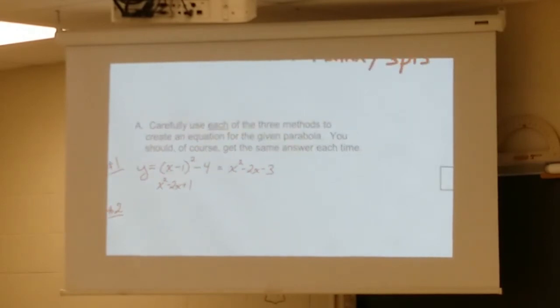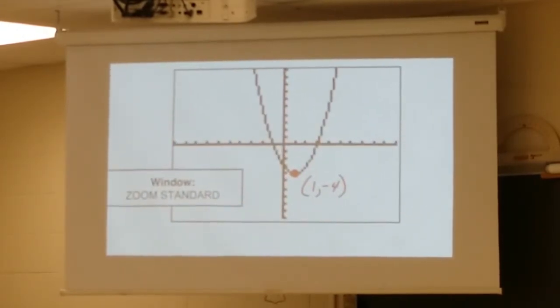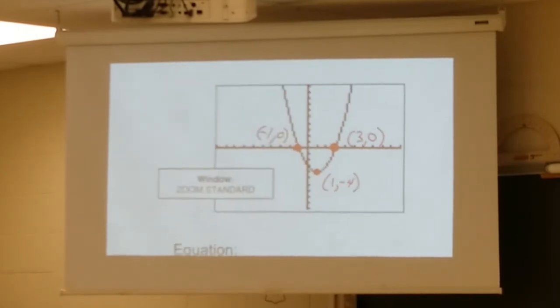So let's keep going. If we're going to do method 2, we need some roots, right? And again, the problem's made nicely for us to notice that this root is at -1 and this root's over here at 3. So that's nice.